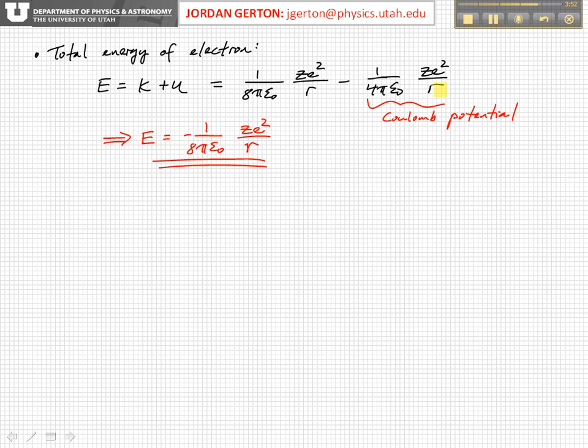If you add these two things together, you get the total energy of the electron in this simple planetary model, the allowed energies for the electron, and the relationship between the energy and the radius is this: minus 1 over 8 pi epsilon naught times Ze squared over r.